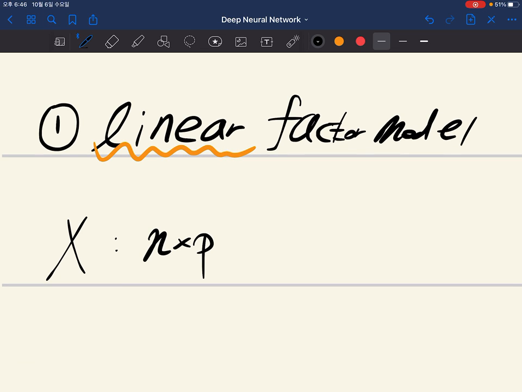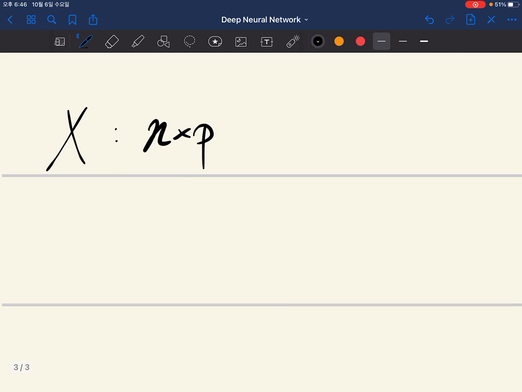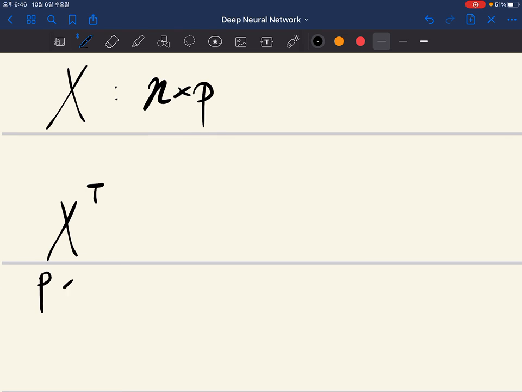So in each row, there is an observation of p covariates. And in linear factor model, we consider its transpose, X transpose, which is of size p by n. And we can express it as an affine transformation using the factor variables as follows.